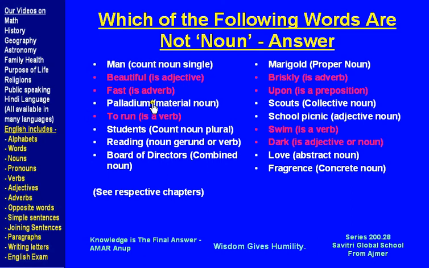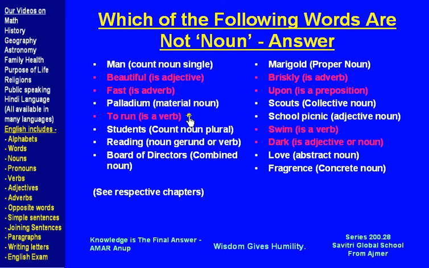Next word is palladium. Palladium is a metal like gold or silver or platinum. I keep giving little more difficult words, as I told you. There is nothing to be afraid of, and because palladium is a material like gold or silver, we call it a material noun.